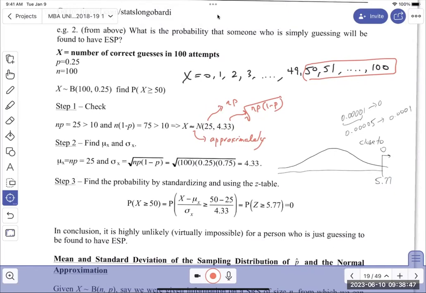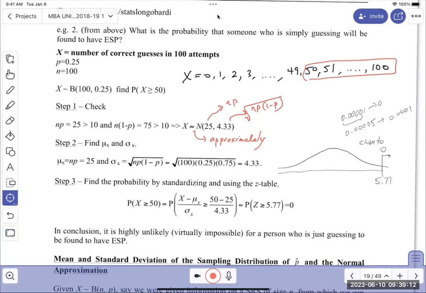So in other words, it's going to be very unlikely. Might as well say it's 0 that a person by just guessing will be found to have ESP. It's unlikely by chance someone will be found to have ESP. They actually probably have some skill or some ability.